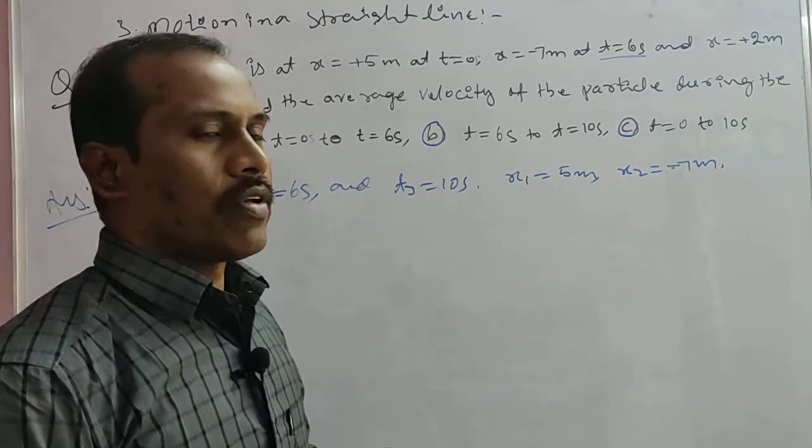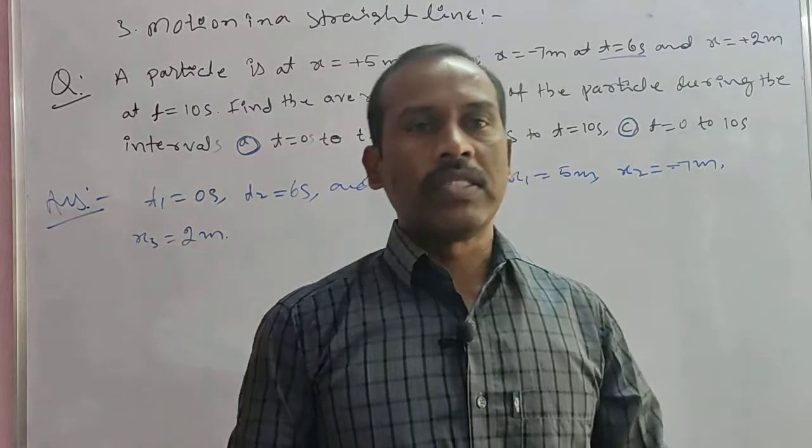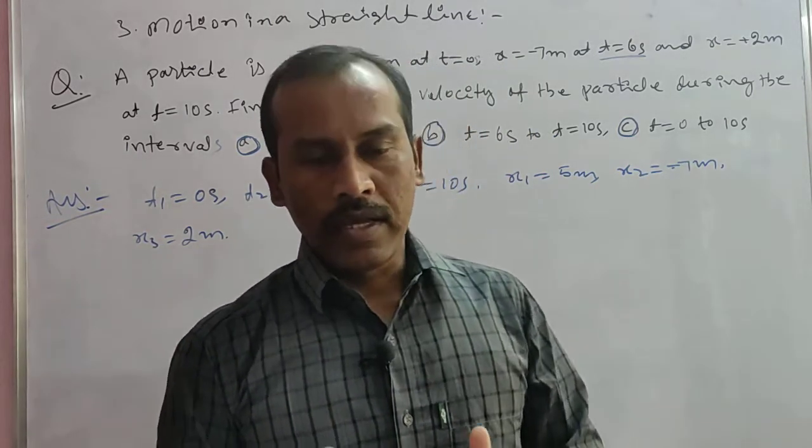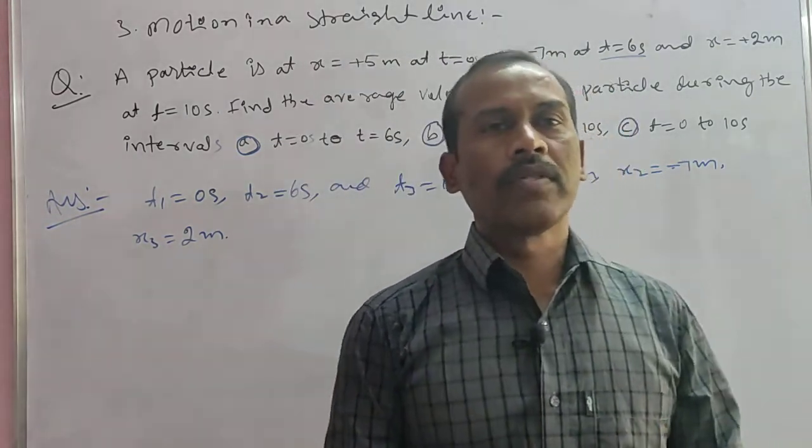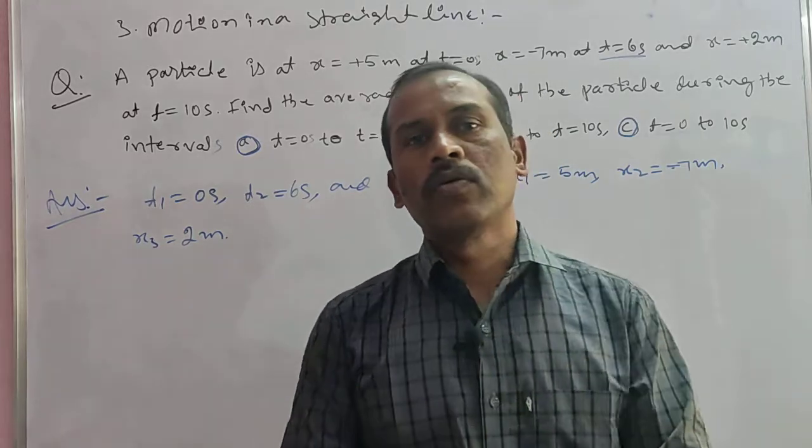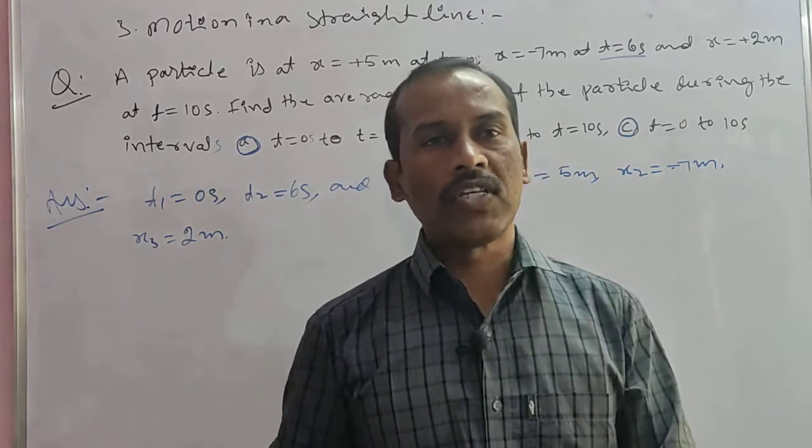First, the average velocity. What is the average velocity? It is the ratio of the change in displacement to the change in time. This is called the average velocity.